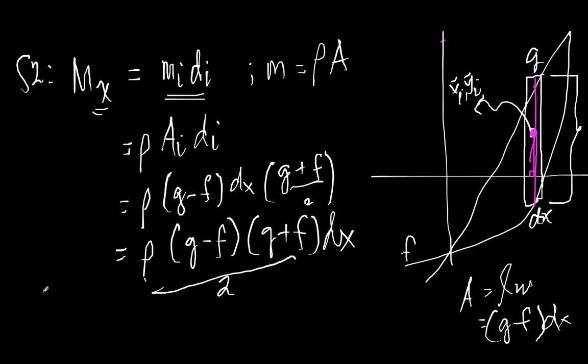If you already memorized the formula, then you can go directly to the formula, but I prefer deriving it, because sometimes the formula doesn't really work, especially if the graph is quite complicated or complex.